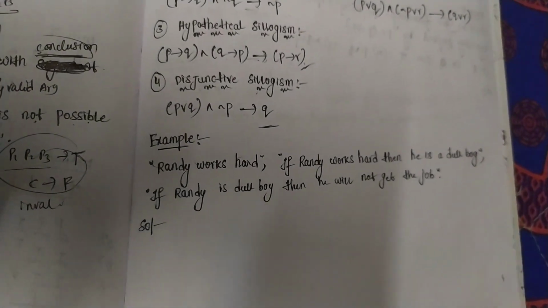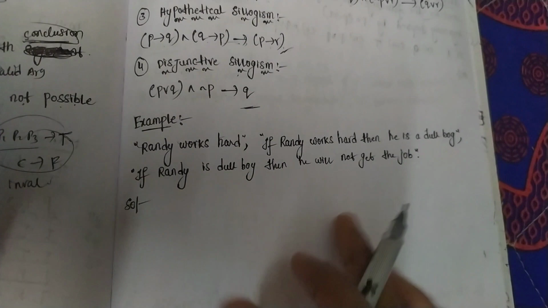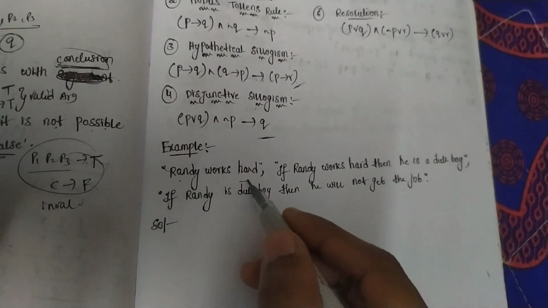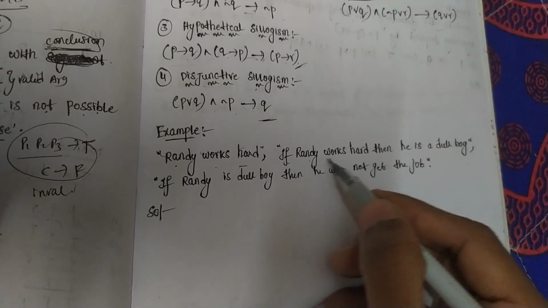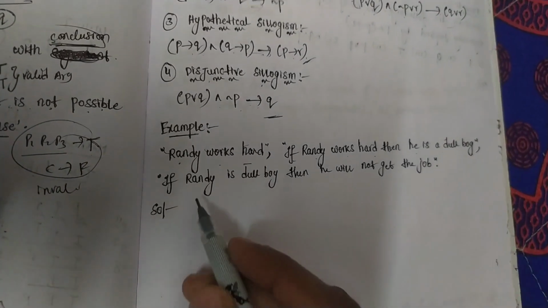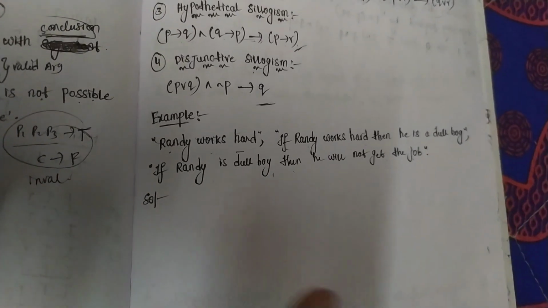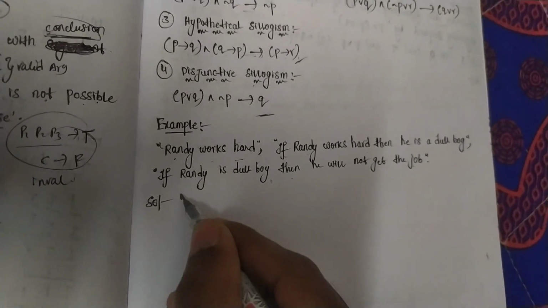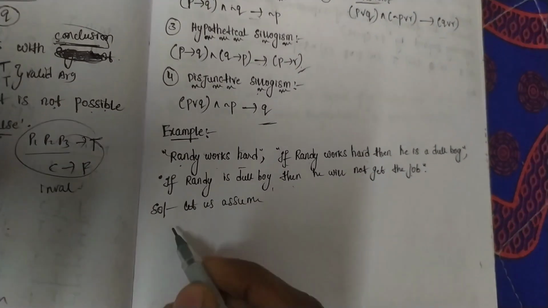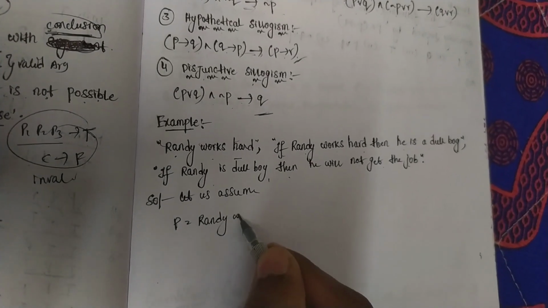Let us consider an example and solve this question using these formulas. The question is: Randy works hard; if Randy works hard then he is a dull boy; if Randy is a dull boy then he will not get the job. Let us start the problem. Assume P equals Randy works hard.